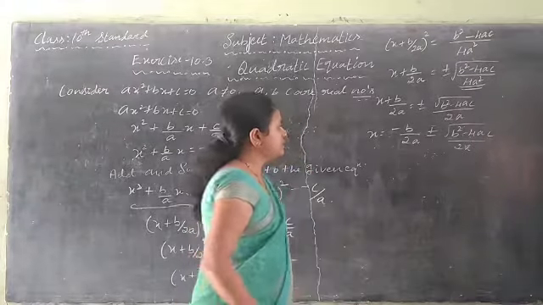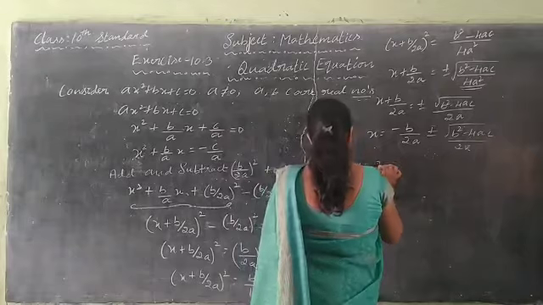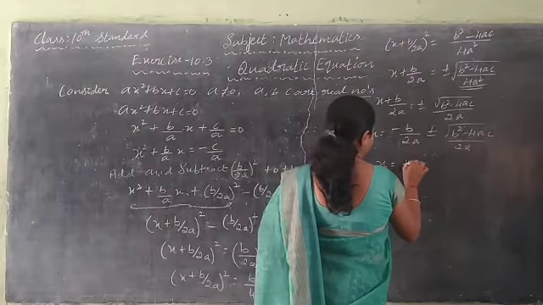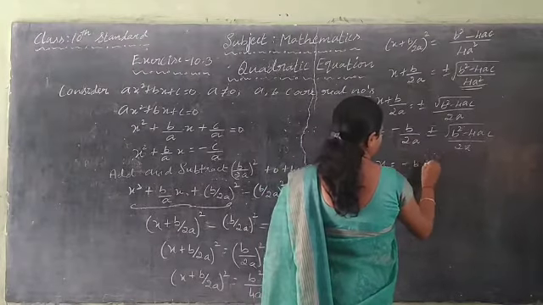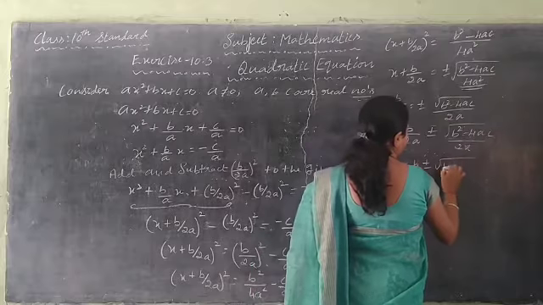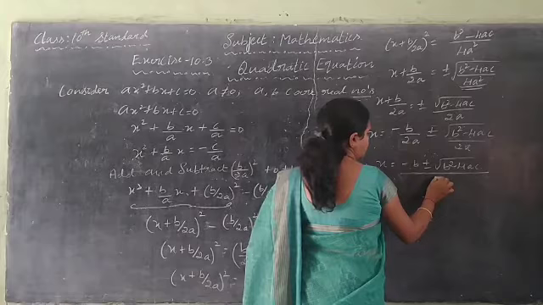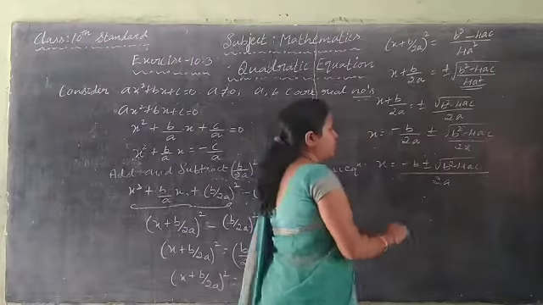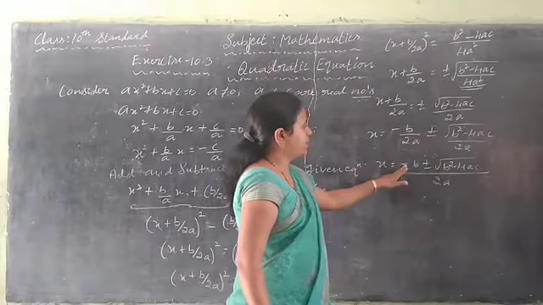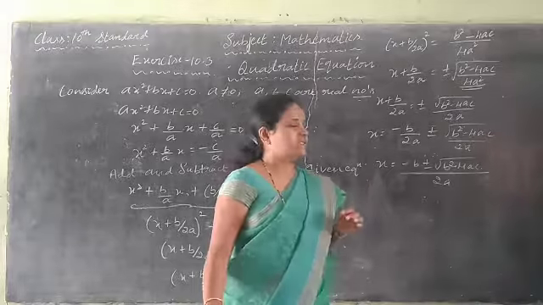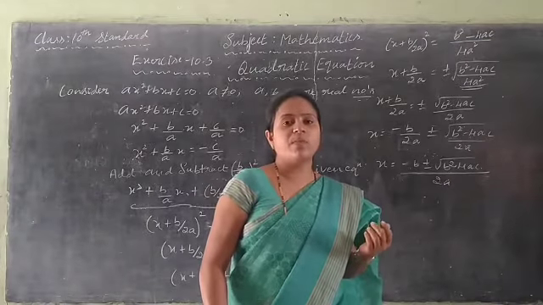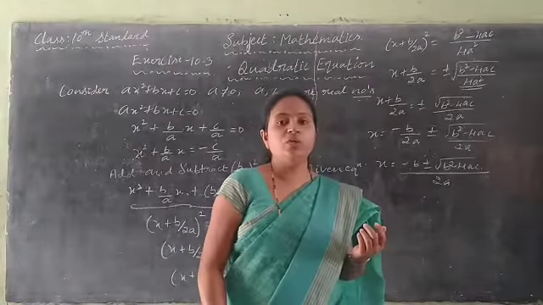Okay. Now see the denominator, children. What is there? 2a is there, isn't it? So when the denominators are the same, we can add up the numerators. That is why 2a is in the denominator. In the numerator you will get minus b plus or minus the square root of b² − 4ac, divided by 2a.